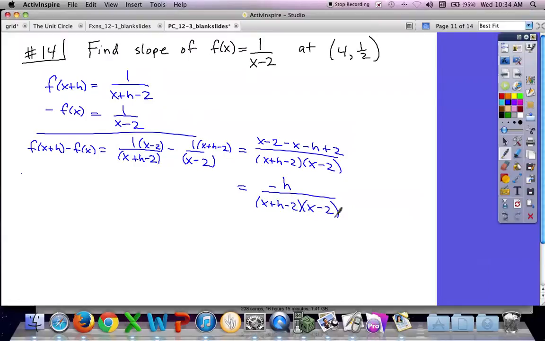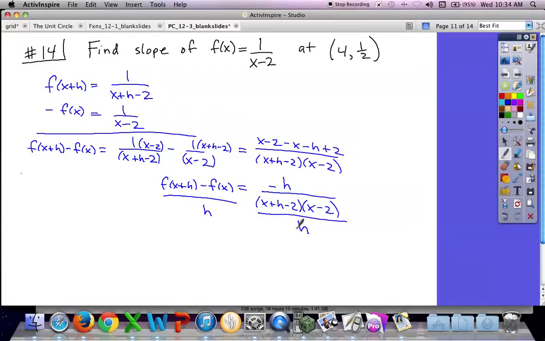Now remember, all of that was f of x plus h minus the f of x. Okay, now we still have to divide by h. Right? And when you do that, you're going to see why this all works out, because the h's cancel, right?